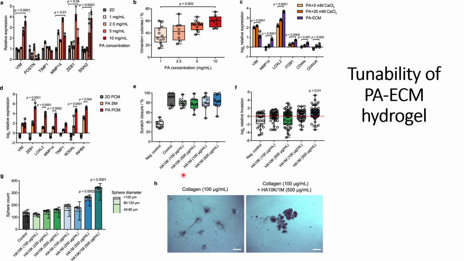When they checked these observations in their cells grown in the PA-ECM hydrogel with only collagen, they saw that tumor formation, or tumor volume growth, is low, whereas when they used collagen and HA combined, tumor growth is high.